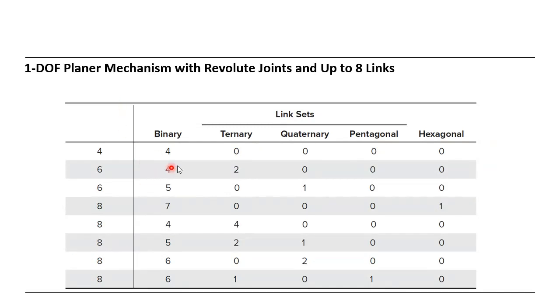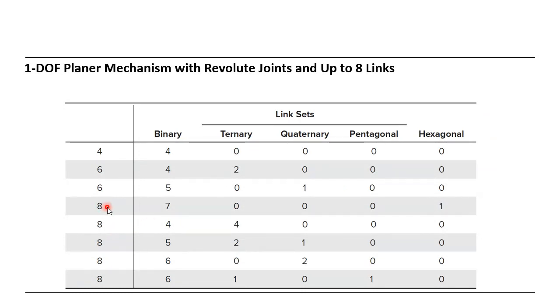So the binary you can use for the 4-bar mechanism. You can use 4 binary links. And for the 6-bar mechanism, we have 2 types. One type you can use 4 binary, 2 ternary, and the other type 5 binary, 1 quaternary, and so on.